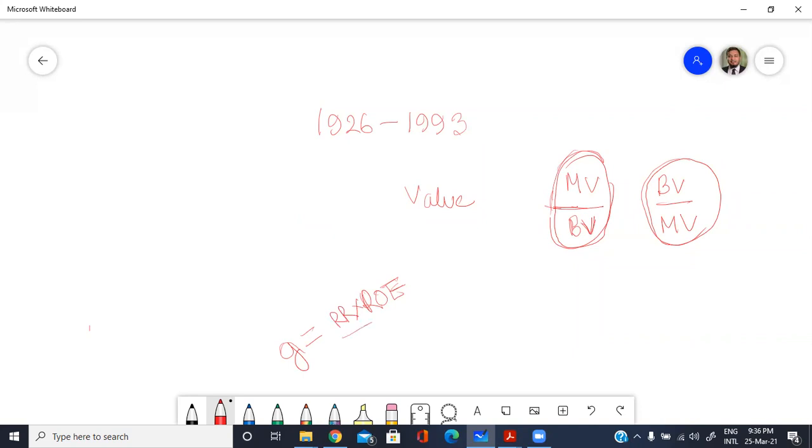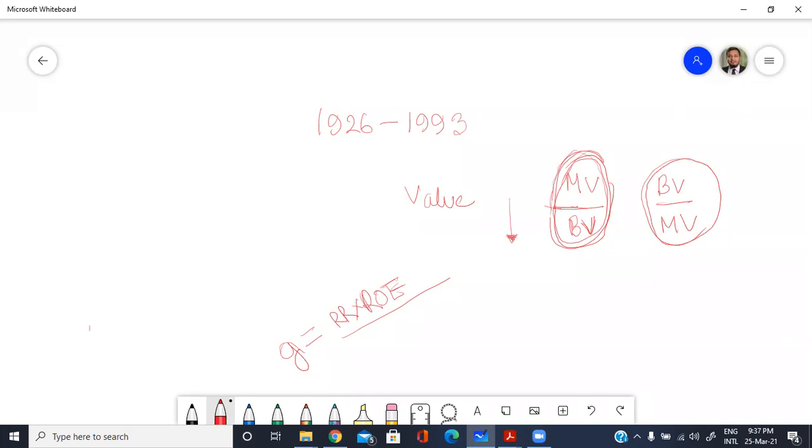Are you familiar with this? Yes, sir. So investors tend to believe that this company is likely to be a growth company. That's why we should pay more for this company. And what happens if this is low for a company?